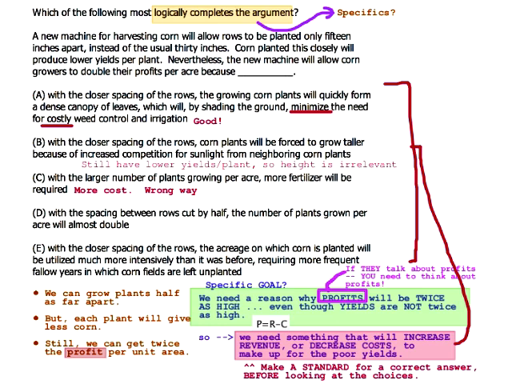Number of plants will almost double. So does this explain how you could end up with double profit?